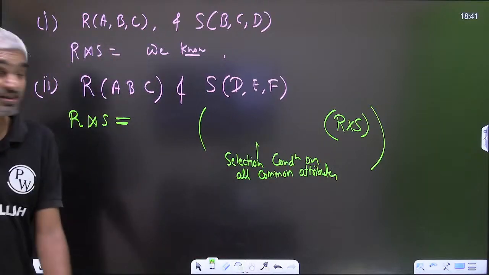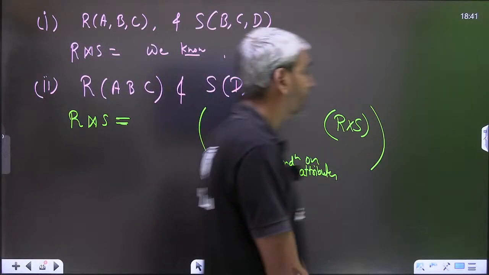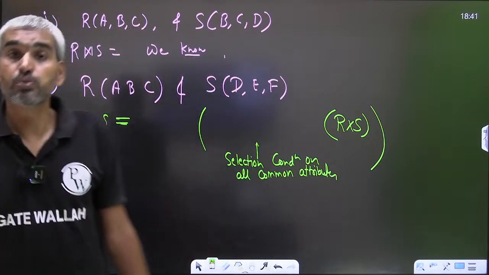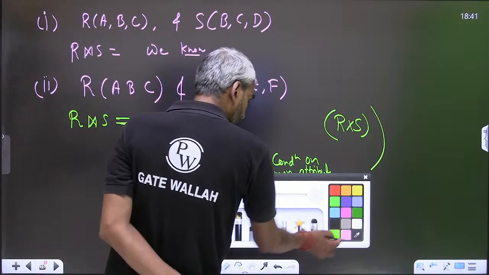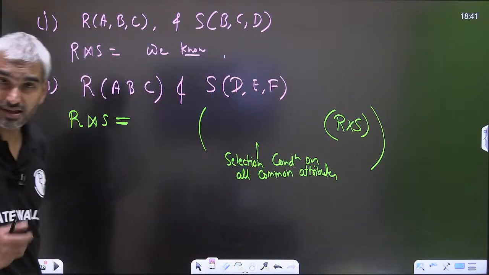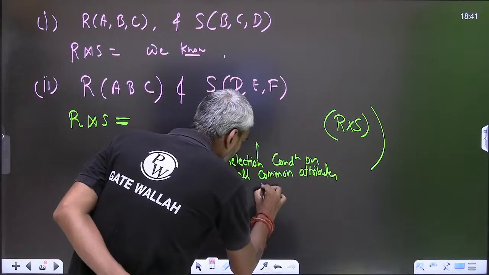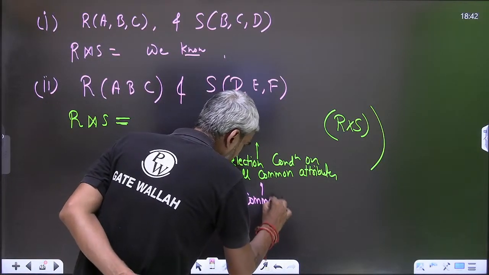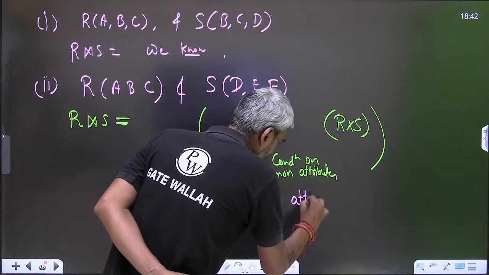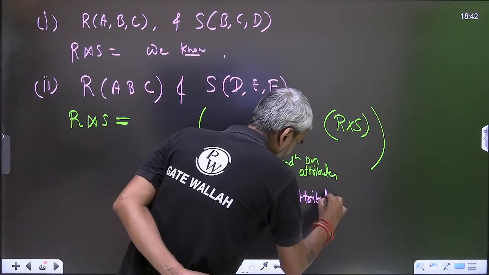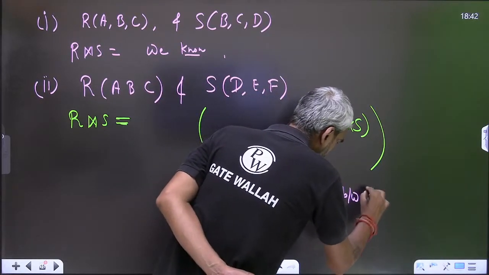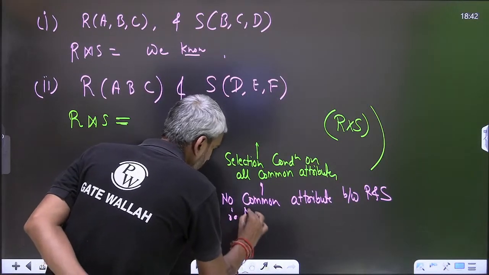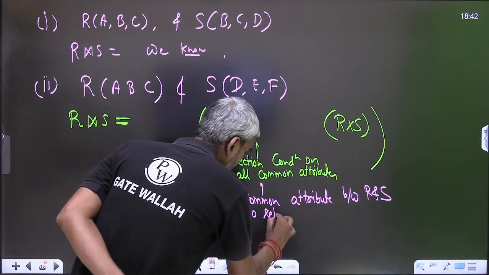But the problem is there are no common attributes in R and S. Therefore, there will be no selection condition.